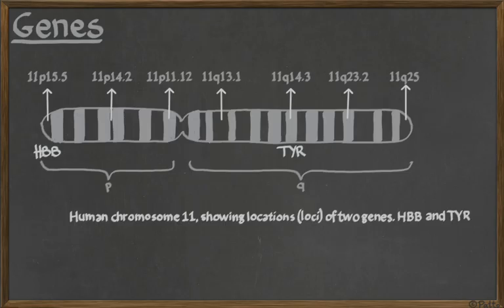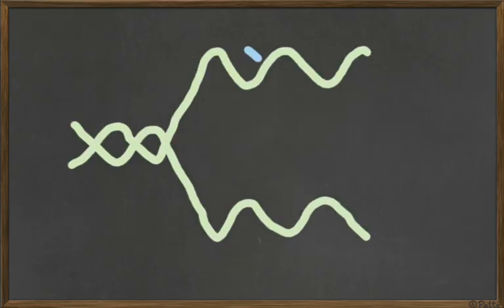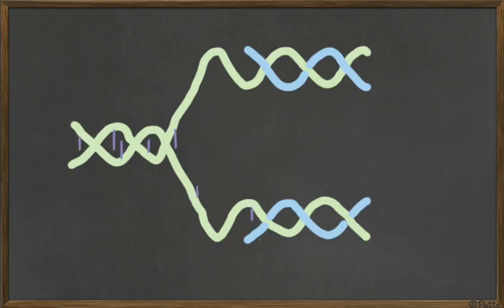You have the HBB in 11p15.5, you have the TYR in 11q14.3, so those are loci, places of genes. This is just to give an idea. You have the information for HBB, the hemoglobin, over there, and the information for TYR in that one over there. So let's talk about genes then.